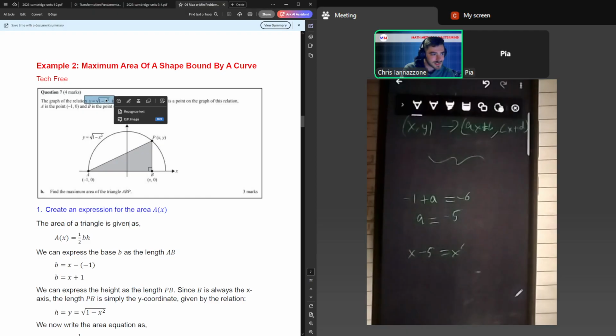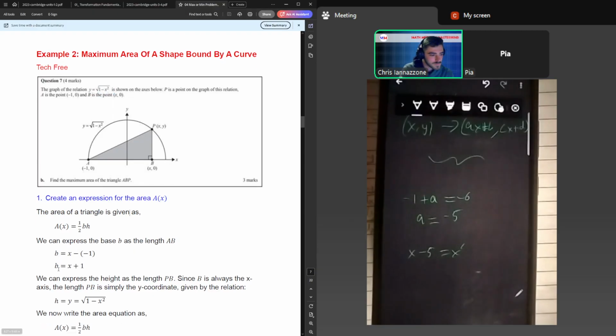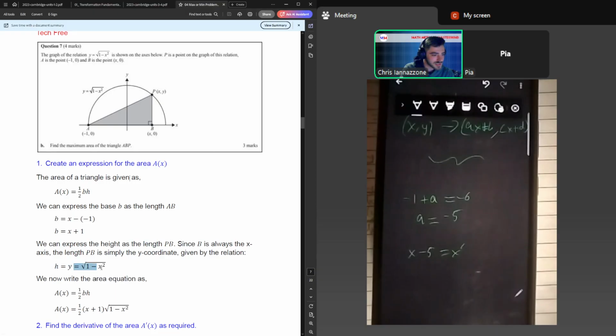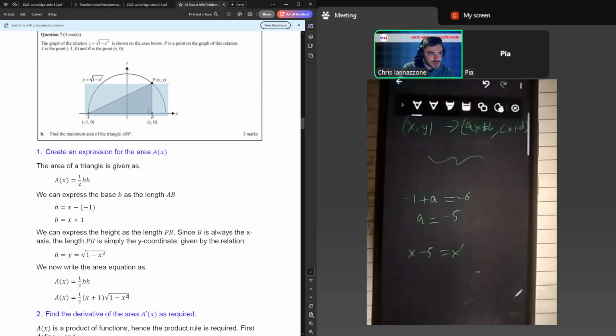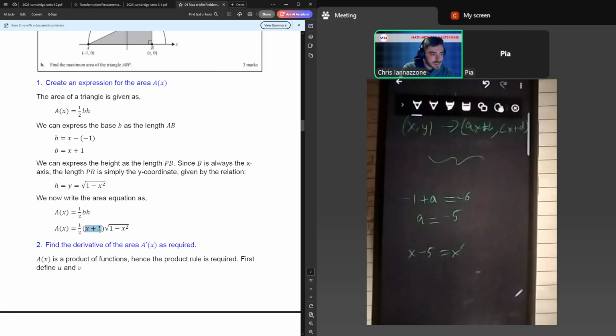The semicircle is described by this, so the y value here is the y value that describes, or is described from here. So instead of saying h is y, we can now say h is root 1 minus x squared. Okay? Yeah. Cool. That gives us our area equation. You put in the thing for base, you put in the thing for height. Now, we have an equation which describes this area for any value of x.